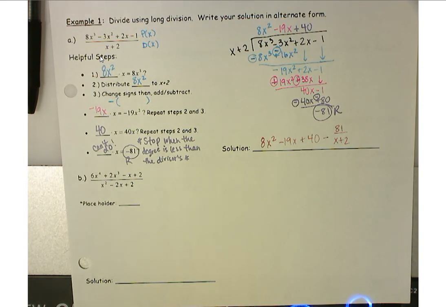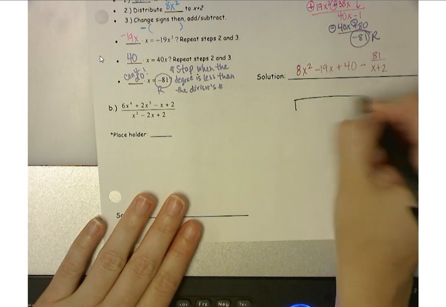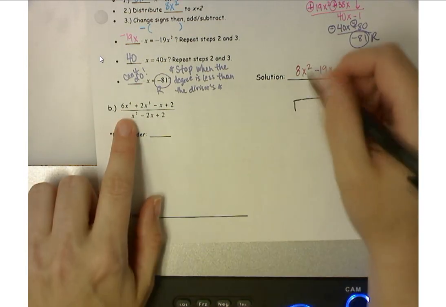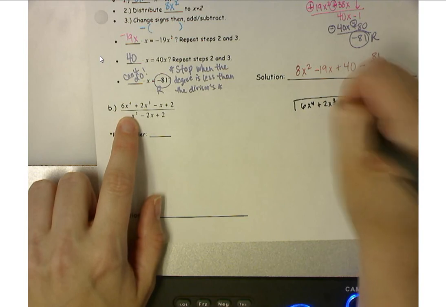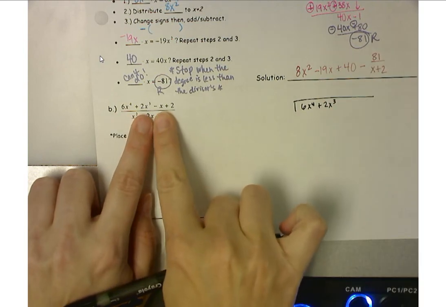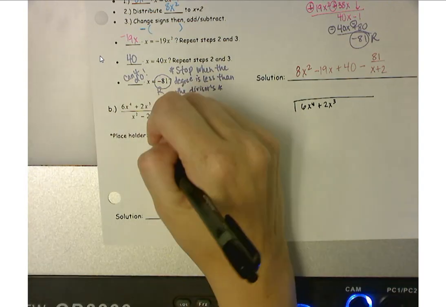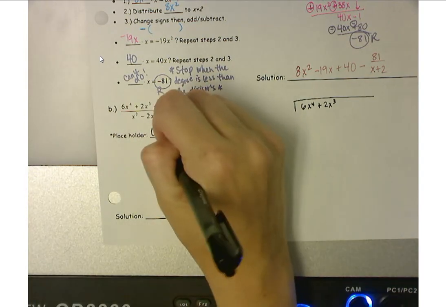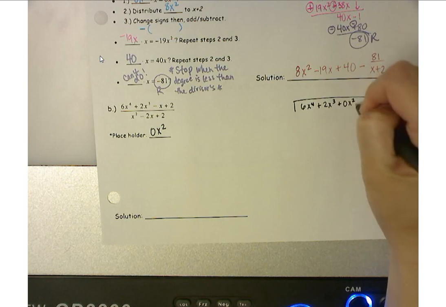All right, for example 2, when we go to set up our long division, I have 6x to the 4th, 2x cubed, and then I have an x. So what term am I missing? The x squared. So our placeholder is going to be 0x squared. Can you guys think about why the placeholder would be helpful for this?